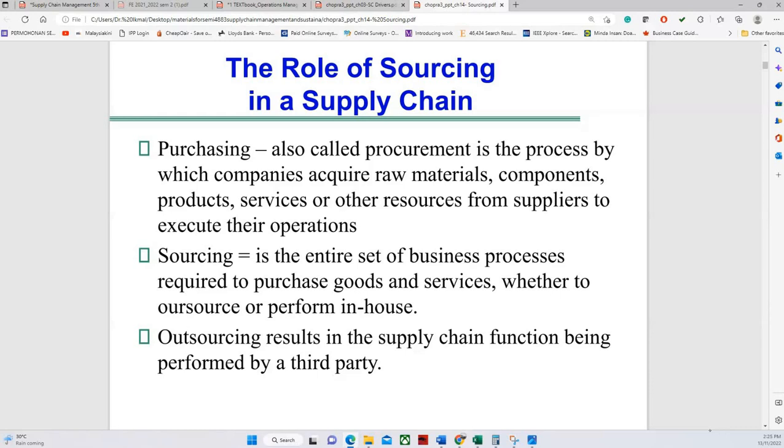And then the other one is sourcing. Sourcing is the entire set of business processes required to purchase goods and services, whether to outsource or perform in-house. The other one is planning, product planning and control, PPC. Or some of them fall under the supply chain group.